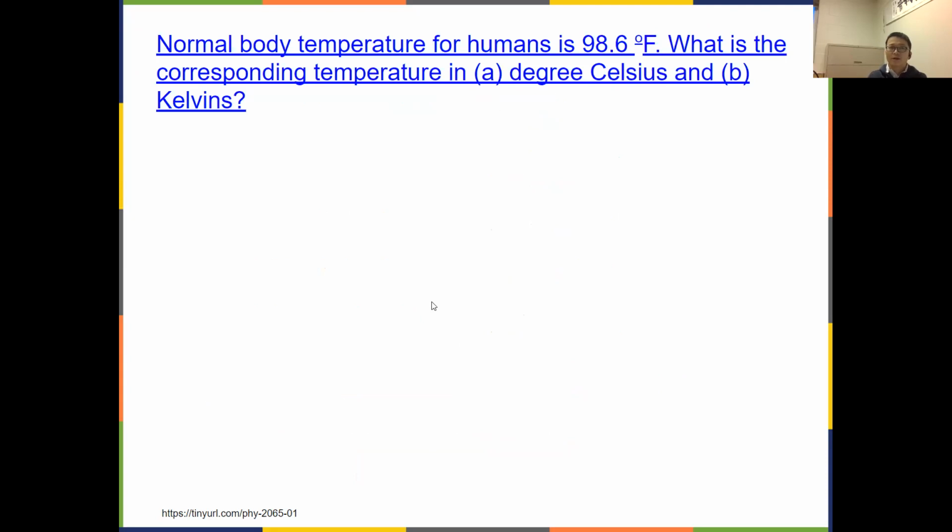Now let's take a look at a second practice problem here. This one says normal body temperature of our body is 98.6. It's asking what's the temperature in degrees Celsius and what's the temperature in Kelvin. Again, we'll write down the known givens.